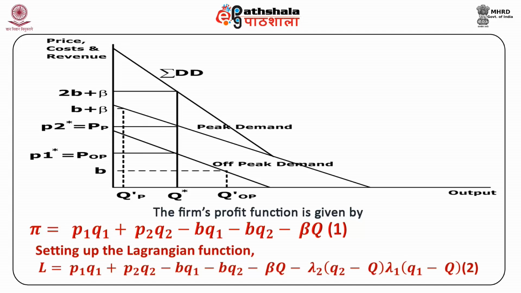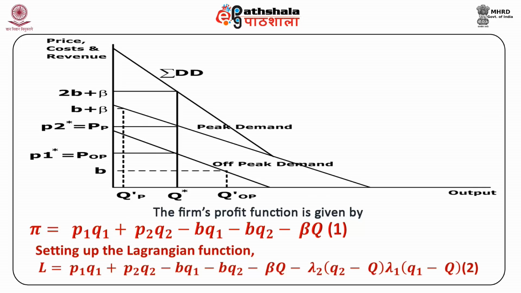We correspondingly get the following Kuhn-Tucker maximizing conditions: Q1 star greater than or equal to 0, P1 minus b minus lambda 1 star less than or equal to 0, Q1 star into (P1 minus b minus lambda 1 star) is equal to 0, equation 3.